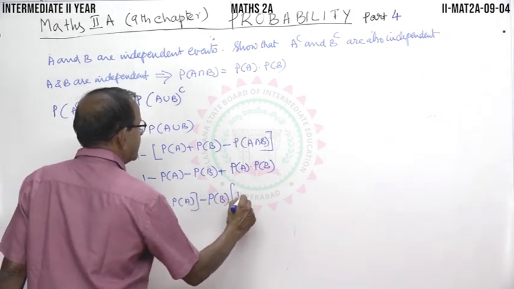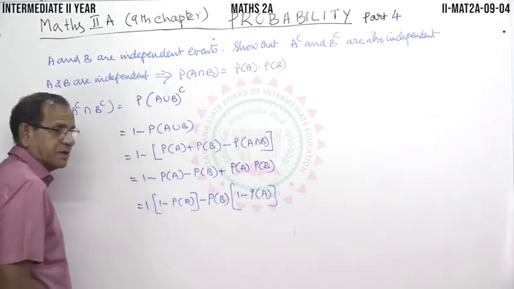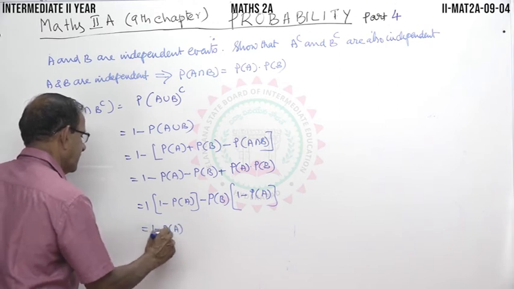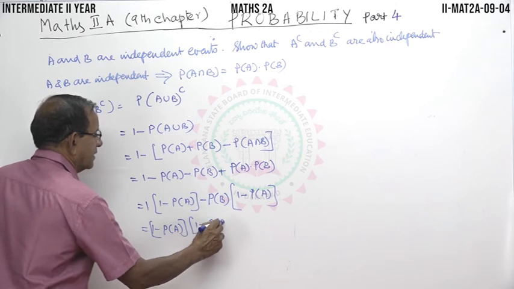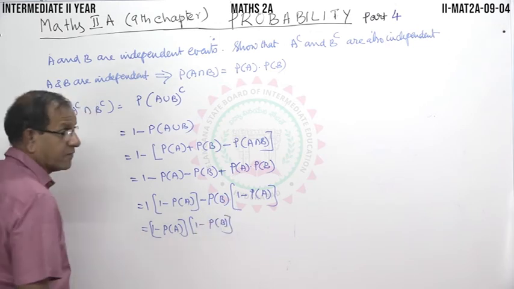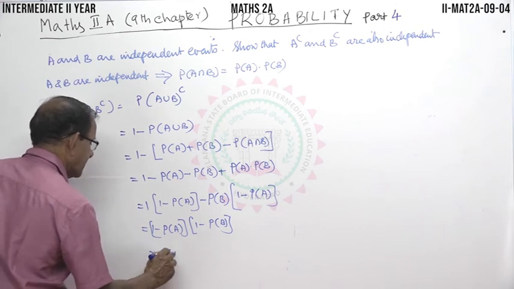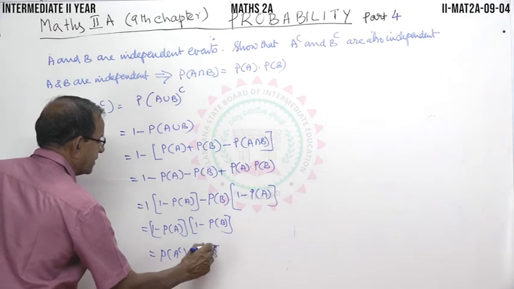So it is 1 minus P of A. Now take 1 minus P of A common: 1 minus P of A into 1 minus P of B. But 1 minus P of A is P of A complement. This is P of B complement.